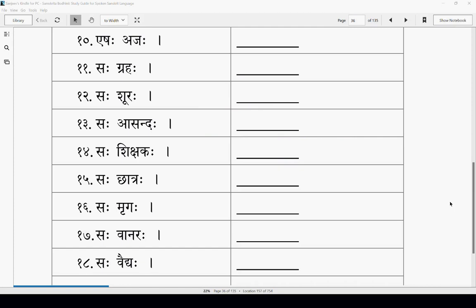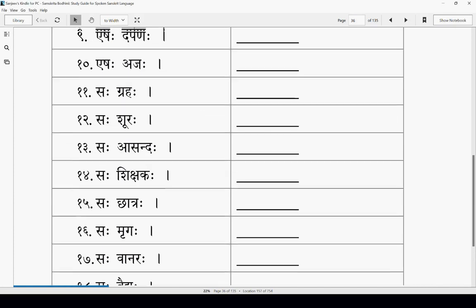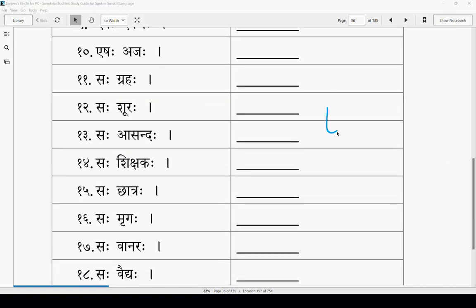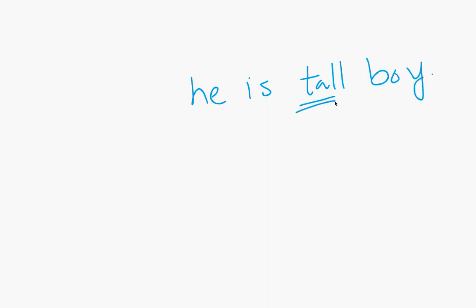Note that this brings out another important thing, which is going to be important in this language. When we say he is a tall boy, what is tall here?